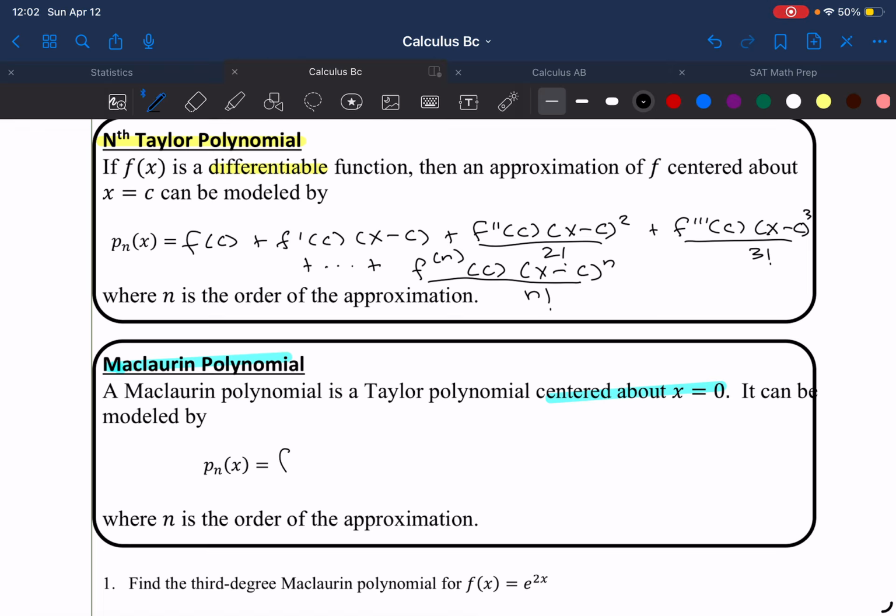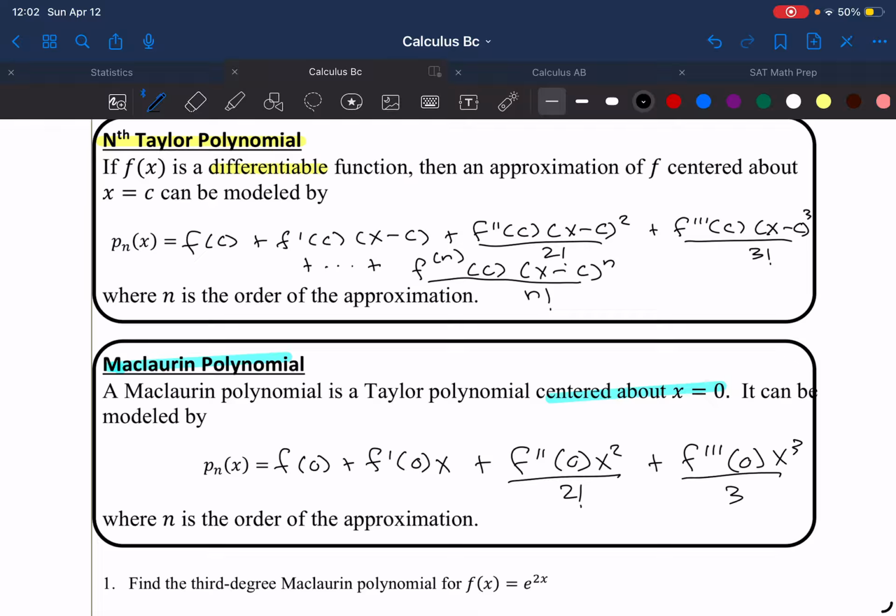So we have f of 0 plus f prime of 0 times x plus f double prime of 0 times x squared over 2 factorial plus f triple prime of 0 times x cubed over 3 factorial plus dot dot dot, f nth derivative of 0 x to the n power over n factorial.